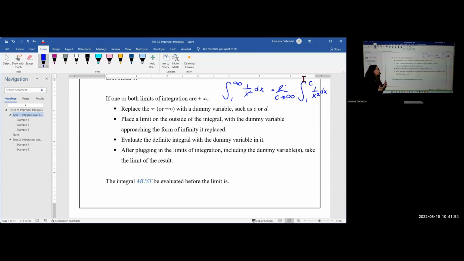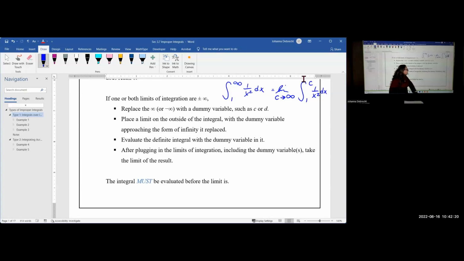Now, I've replaced it, but I haven't actually done the integration. What order do I need to do these in? You have to evaluate the definite integral with the dummy variable in it first. C is considered to be a known constant, a real value, not in fact infinity. You're going to take the limit as c goes to infinity, but the c itself is considered to be a real value.